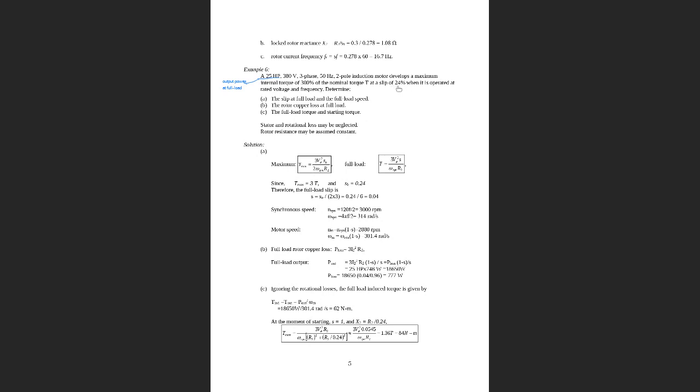This means that this is the breakdown slip. This is the rated torque and maximum torque.